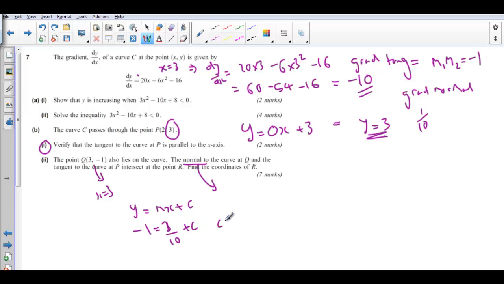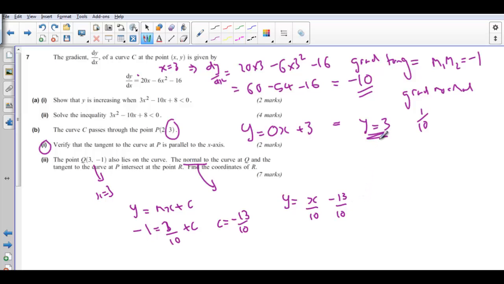I can see straight away that c would have to be minus 13/10, taking away 3/10 and 10 more tenths. So the equation of our normal is y equals x over 10 take away 13 tenths.